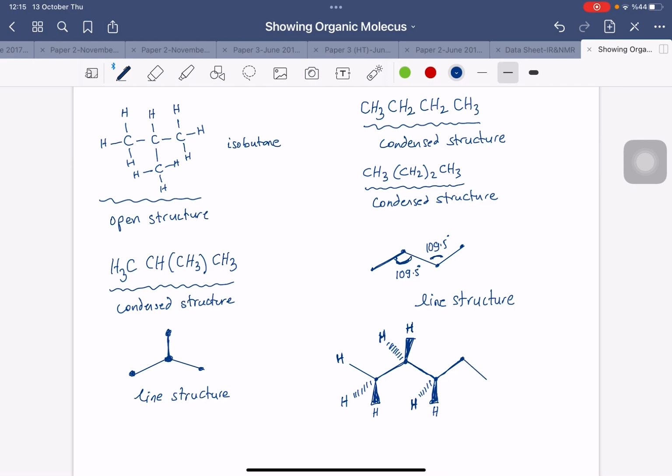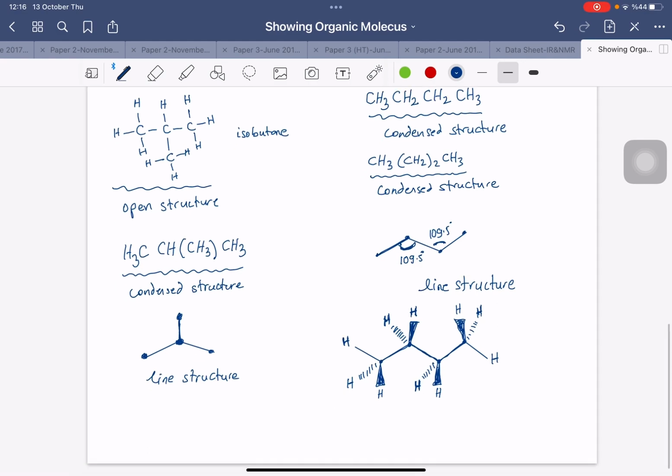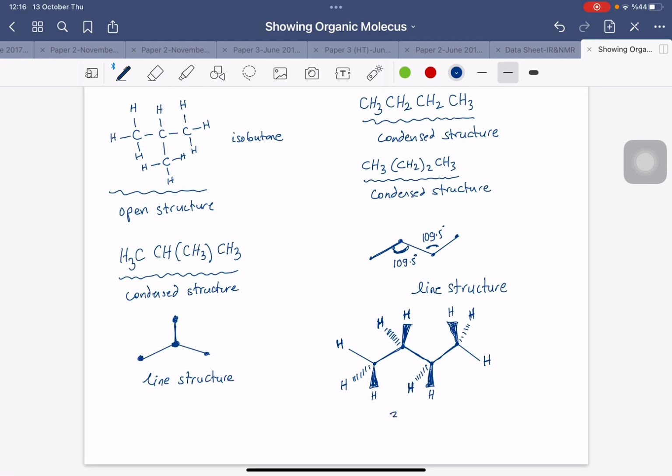One must be in the same plane with the carbon atom. Of the other two hydrogens, one is facing toward us, the other one is facing backward. So we call this the 3D structure of normal butane.